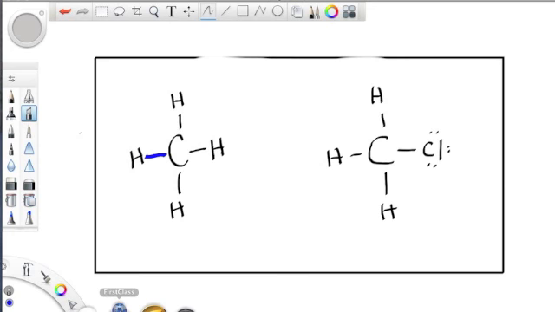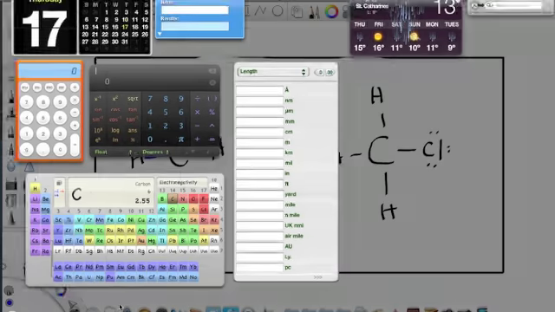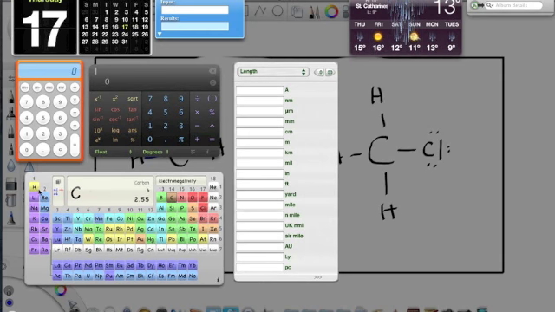So I'm going to go to my periodic table, which I have here, and I click on carbon, electronegativity. Carbon's electronegativity is 2.55. You would look on your periodic table on your folded over charts, and you would see that the electronegativity for carbon is 2.55. Go over here to hydrogen and click on it. Hydrogen is 2.20.